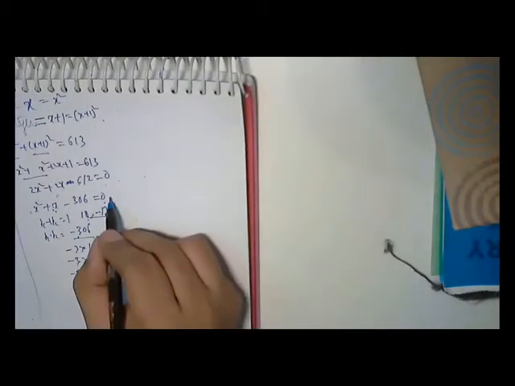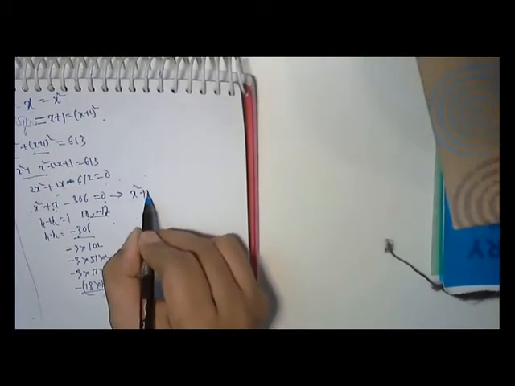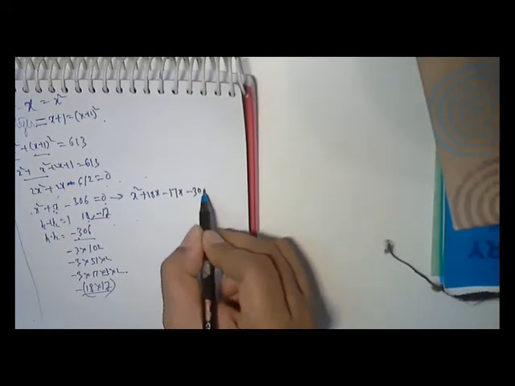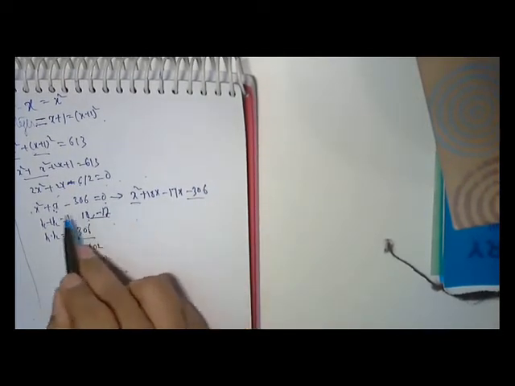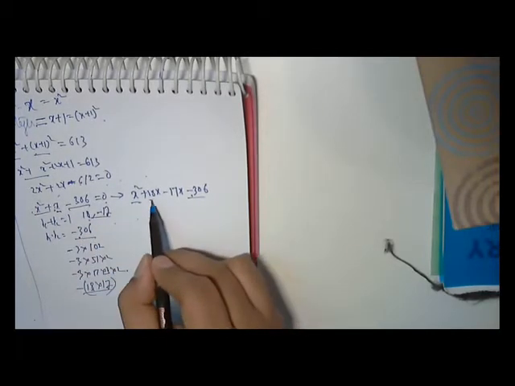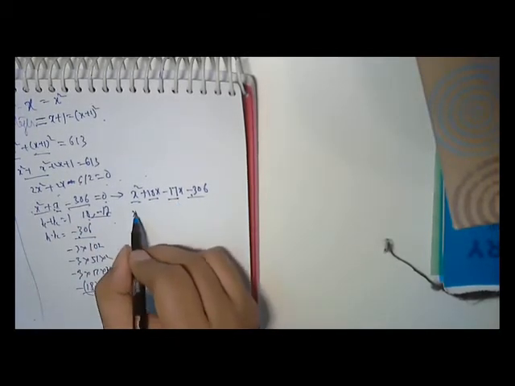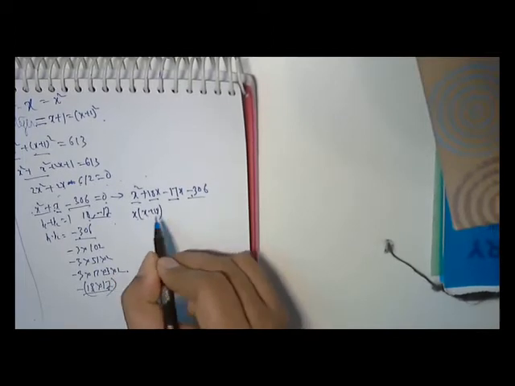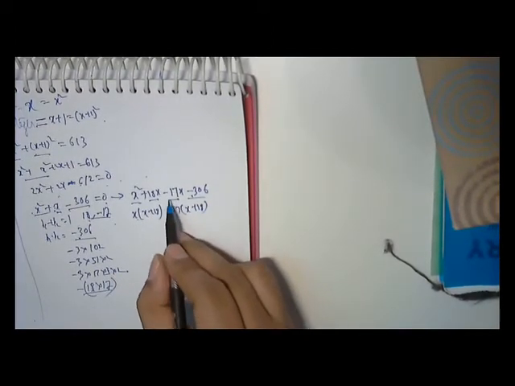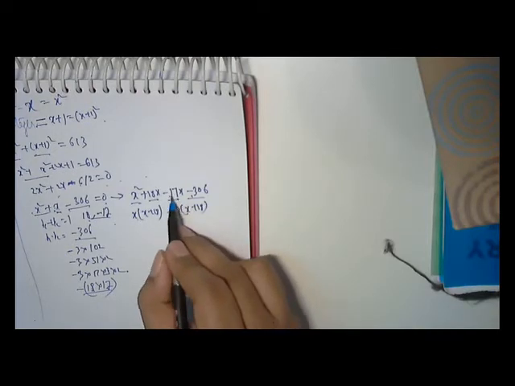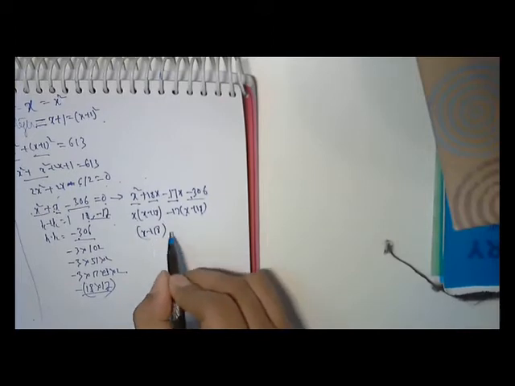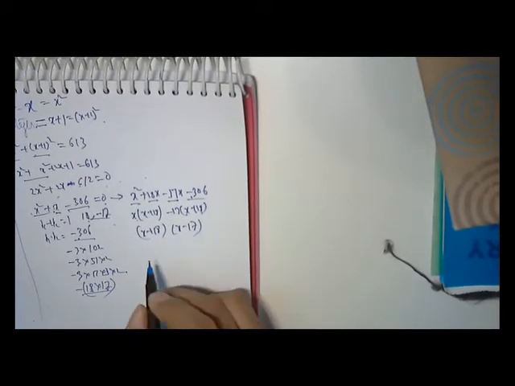So in what way is this equation becoming? x square plus 18x minus 17x minus 306. Only the plus x becomes 18x minus 17x. So x into x plus 18 minus 17 into x plus 18. When you take minus 17 out, minus into minus becomes plus. So x plus 18 into x minus 17.